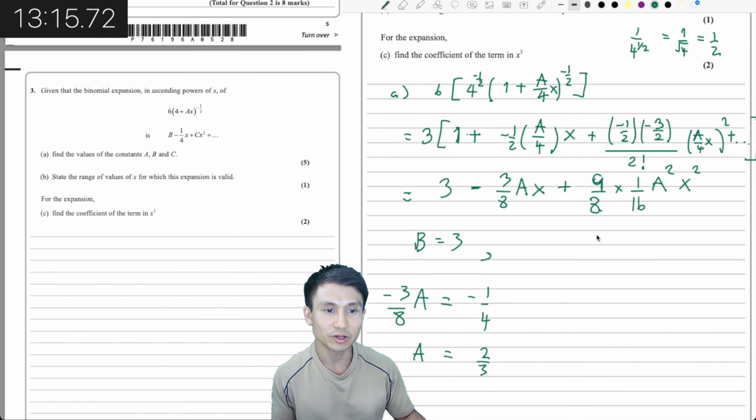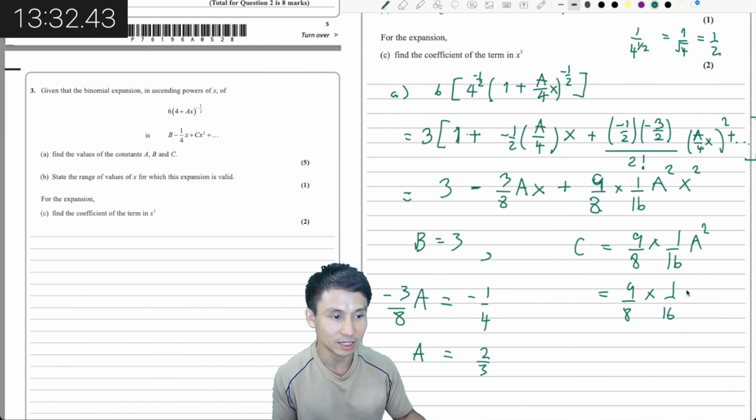So that means for the third term, c will be equal to all this: 9 over 8 times 1 over 16, a squared. Okay, so that's going to be our c, which is 9 over 8 times 1 over 16. a squared is going to be 2 over 3 times 2 over 3. Yeah, because we just got a as 2 over 3.